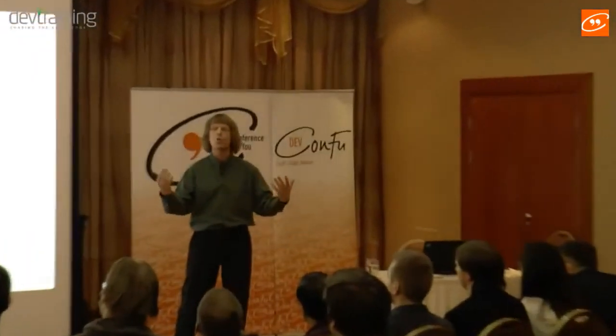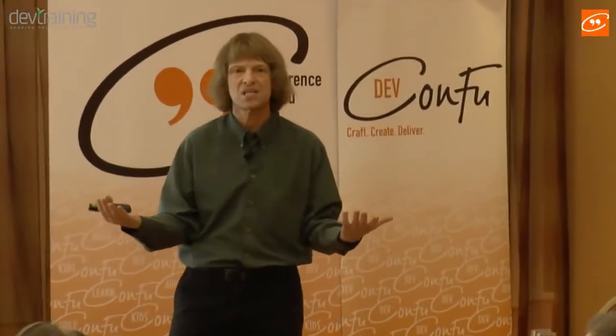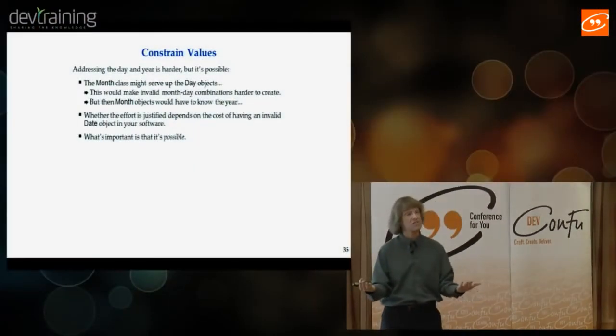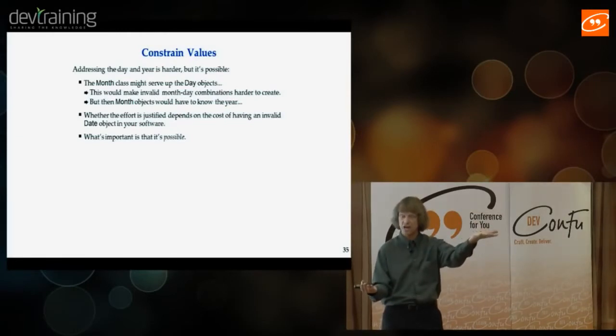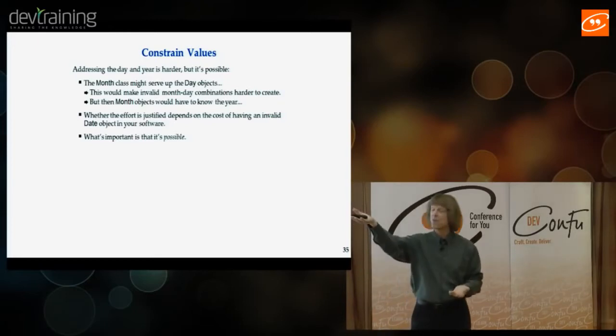What I want to get across here is the idea that when you design an interface, you should always ask yourself, what kinds of errors might people make in this interface? And then you should ask yourself, okay, given the errors that they could make, what actions can we take to prevent them? Once you've done that, then you can say, all right, these are the errors that people might make. This is the cost associated with the errors being made. This is how we can prevent the errors.